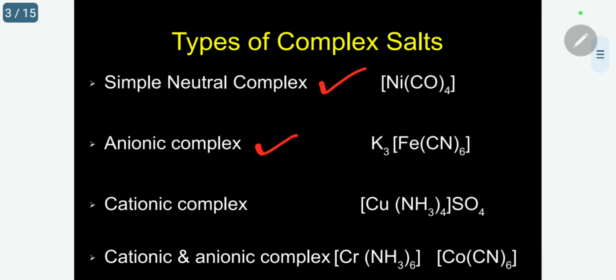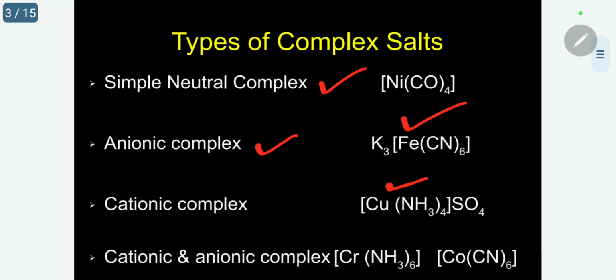In any salt, one is cation, another is anion. Here potassium K3 is the cation, and [Fe(CN)6] within bracket is the anion, so it is called anionic complex. Cationic complex: here [Cu(NH3)4] within bracket, SO4 2 minus outside, so this is a cationic complex.